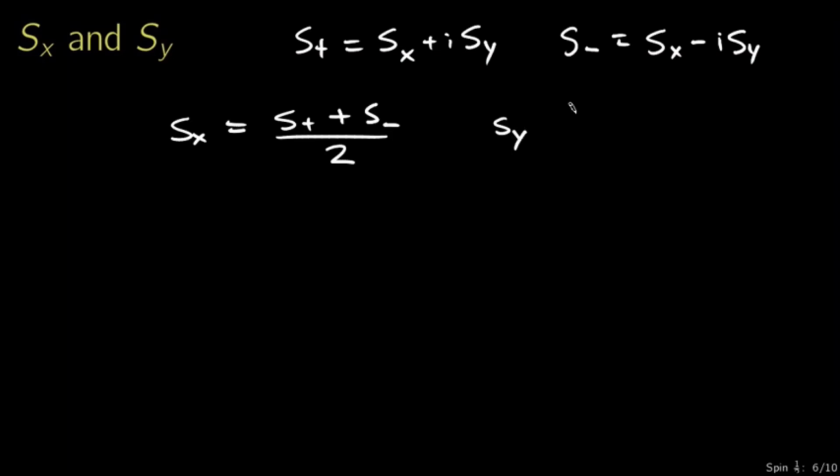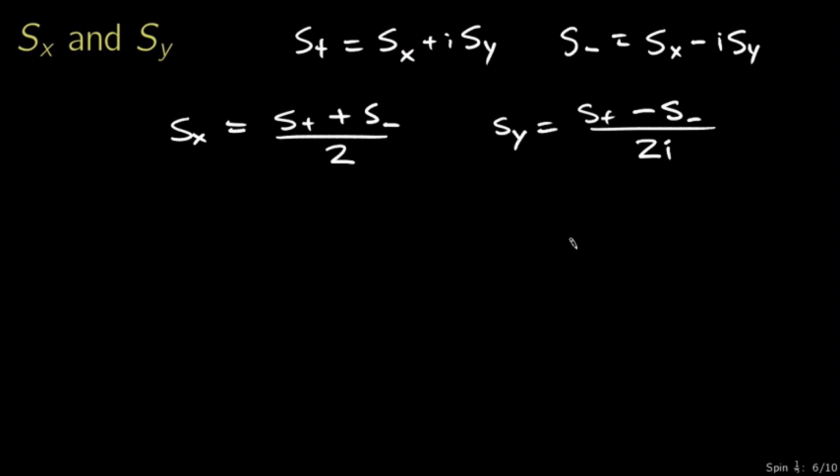Similarly, Sy, same sort of superposition, S plus minus S minus over 2i. S plus minus S minus is going to be Sx plus i Sy minus Sx plus i Sy. So my i Sy terms combine, and I get 2i Sy, which cancels out the 2i to get just Sy.